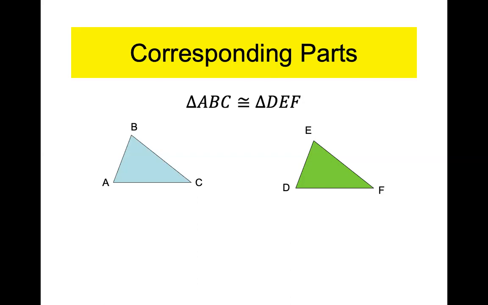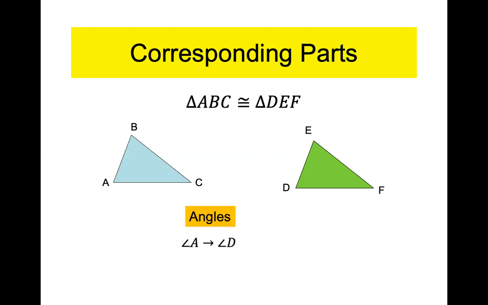The vertices. So segment DE would match up with AB. What else would match up? EF with BC and FD with CA. What else would match up? The angles would match up.